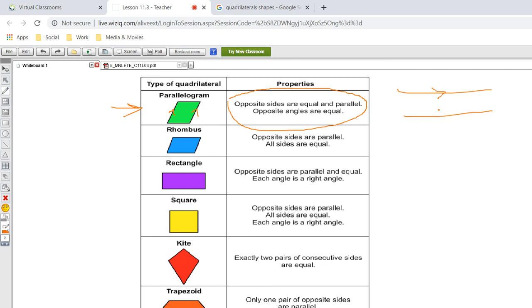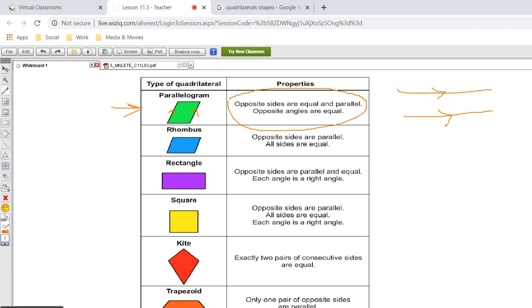Parallel means two sides parallel to each other, never intersect each other. That's the meaning of parallel.